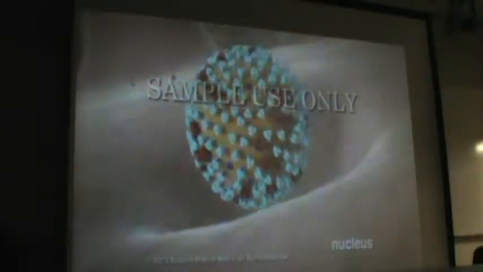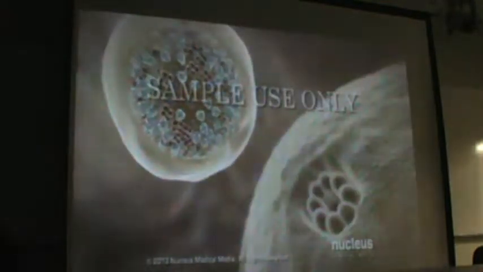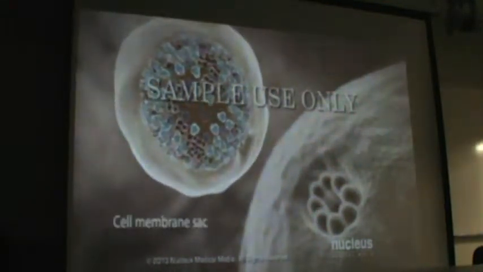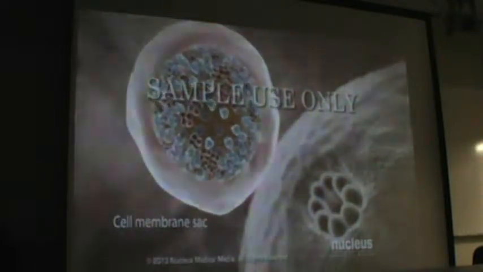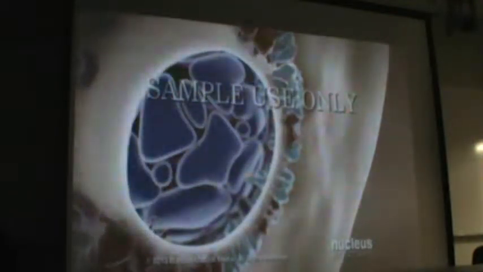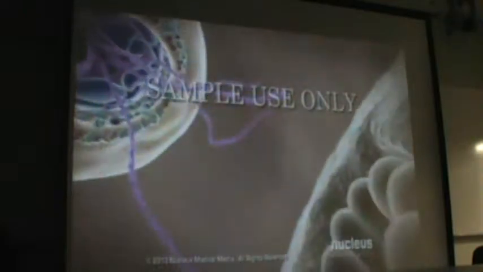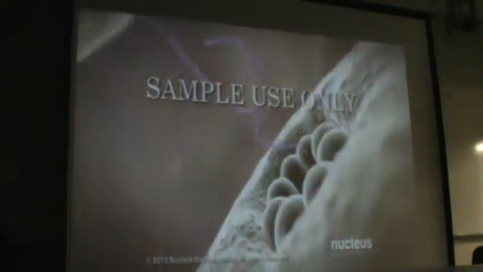This action allows the virus to get inside your cell. Next, the virus travels inside a sac made from your cell membrane to your cell's nucleus. Then the viral envelope and cell membrane sac combine, allowing the viral genetic material to leave the sac and enter the nucleus.